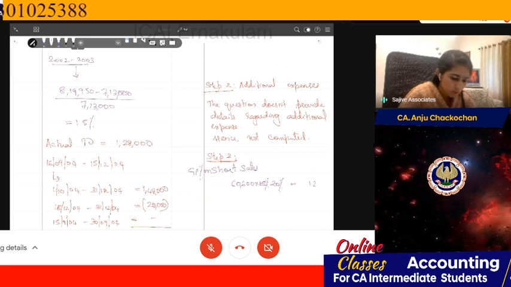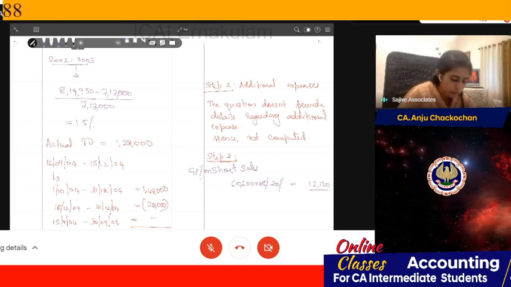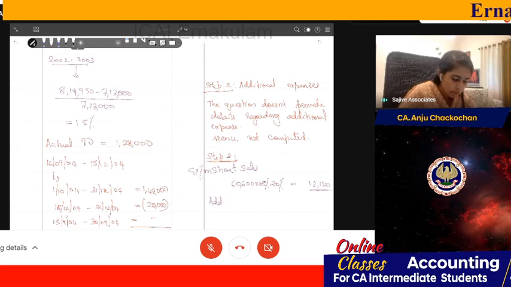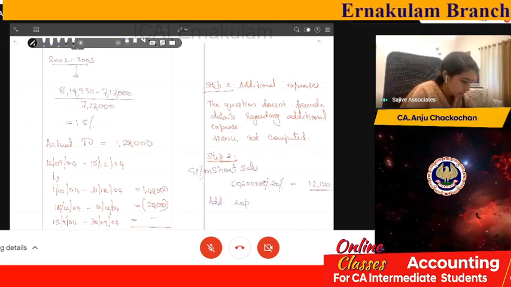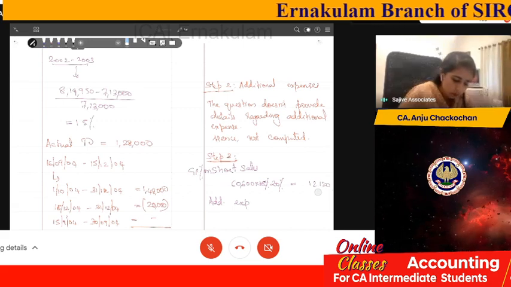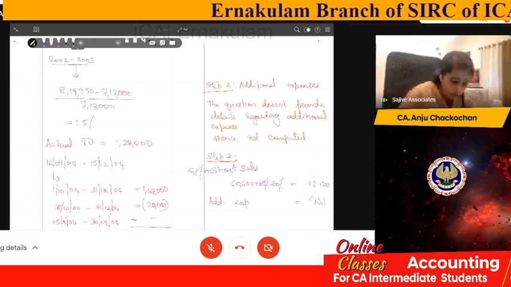So you get it as 12,120. You don't have additional expense, but still write this up. Additional expense, you write it as nil. This should be there in your step. Additional expense nil.